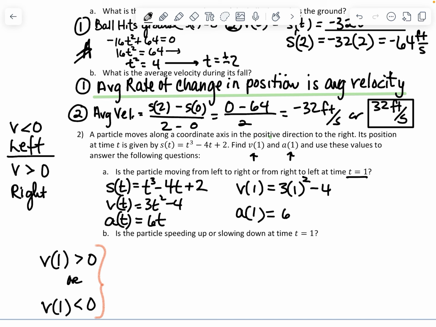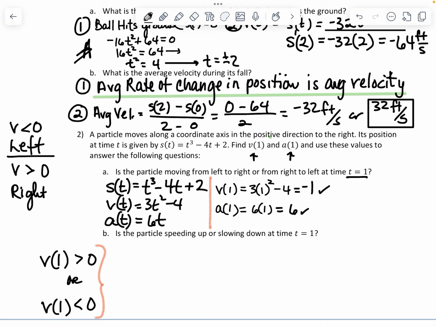What's a of 1? A of 1 is 6 times 1. Okay, so I'm going to save a little bit of space here. So now v of 1 turns out to be 3 minus 4, which is negative 1. And acceleration is 6.